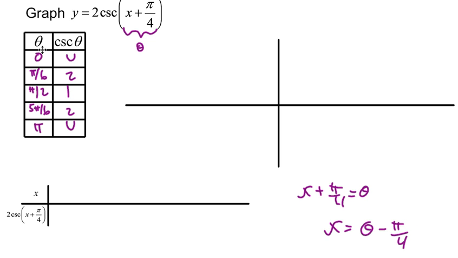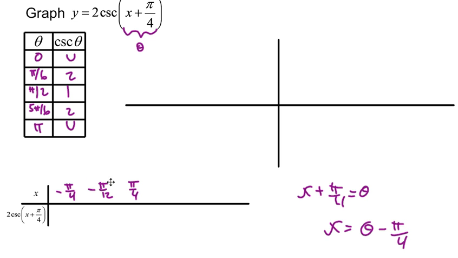So I'm going to plug them in. 0 minus pi over 4 is just negative pi over 4. Pi over 6 minus pi over 4 gives us negative pi over 12. Pi over 2 minus pi over 4 gives us pi over 4.